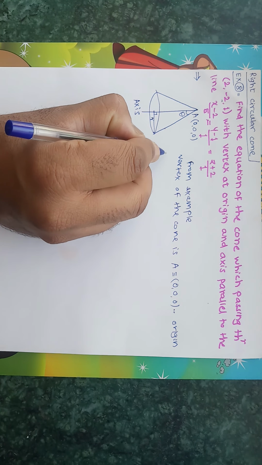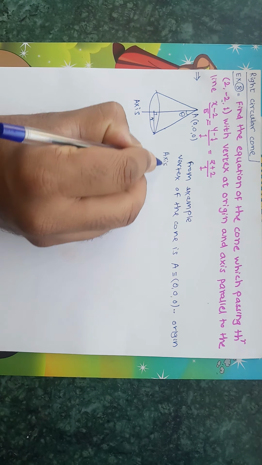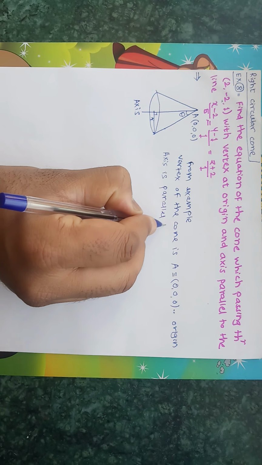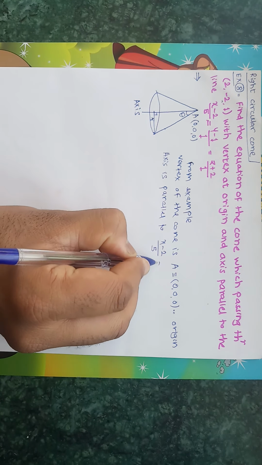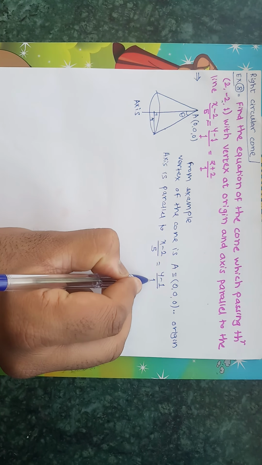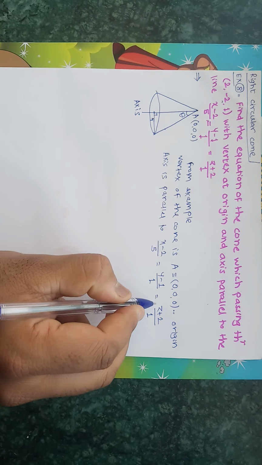And the final condition: the equation of the axis is not given, but the axis is parallel to which line? (x minus 2) upon 5 is equal to (y minus 1) upon 1 equal to (z plus 2) upon 1.